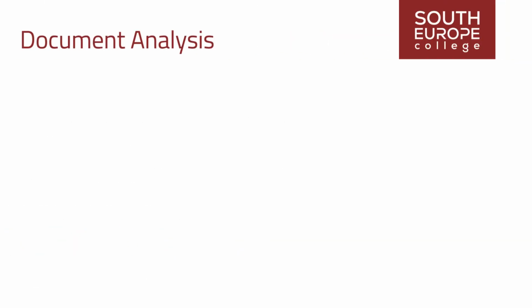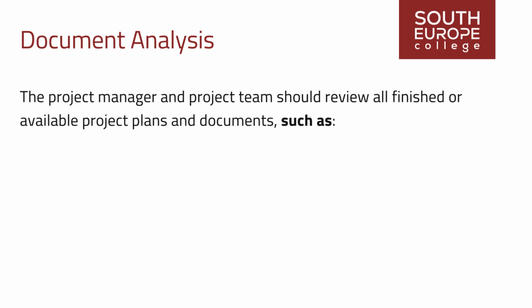Accordingly, the project manager and project team should review all finished or available project plans and documents to analyze them to identify areas that are subject to uncertainty or risks. Some of the documents that the project manager and team need to review are the project charter, including the project objectives, high-level milestones, deliverables, budget, and constraints.